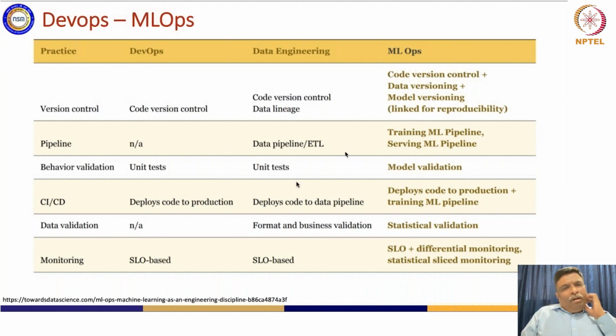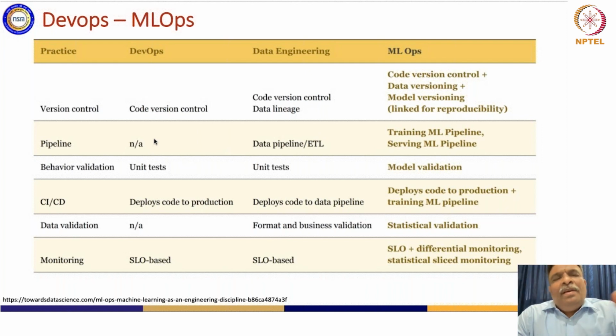So when you talk of pipelines, initially DevOps did not have any concept of pipelines, because you only had to ensure version control. But when you talk of data engineering, you surely had a data pipeline, the ETL. So when you had this ETL and data pipeline in data engineering, MLOps was modified into a training ML pipeline and a serving ML pipeline.